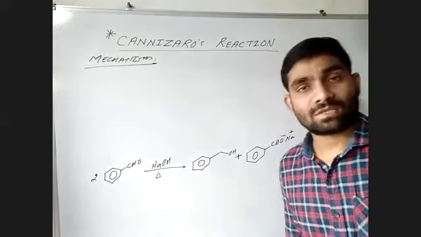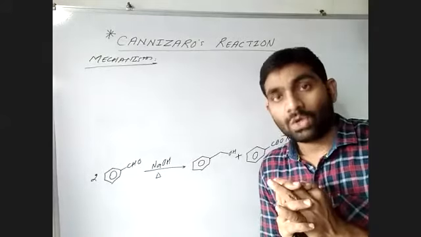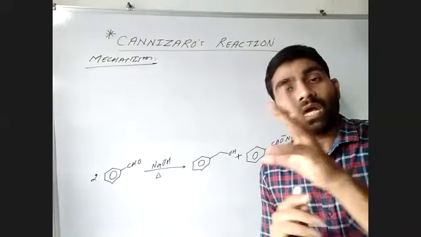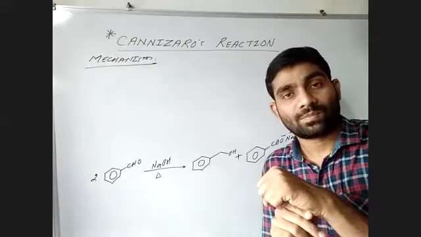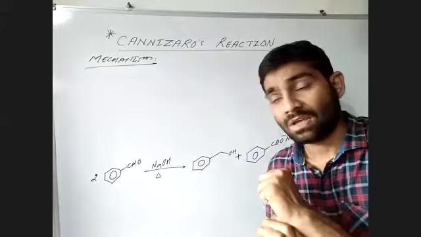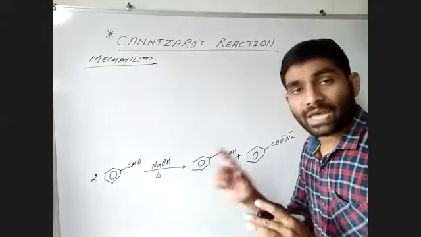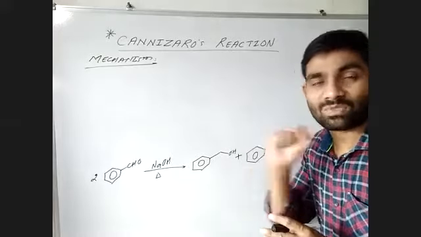Here also we are using base, but there is a great difference between aldol and Cannizzaro. In aldol, the OH minus ion abstracts the proton, means it acts as a base. But here in Cannizzaro, KOH or NaOH acts as a nucleophile, means it attacks on the positive center.